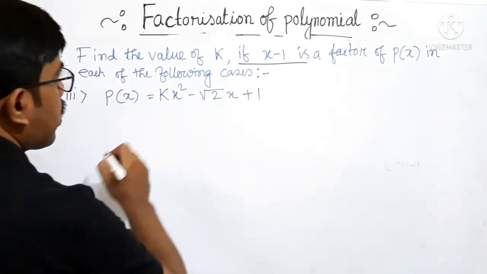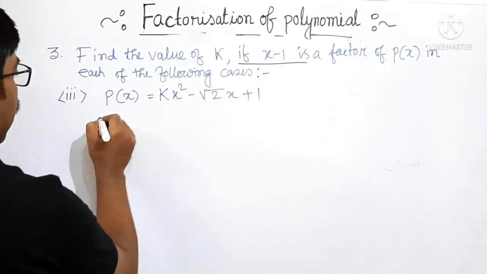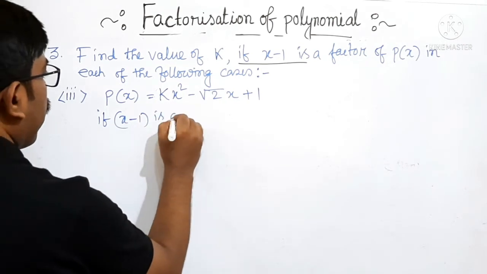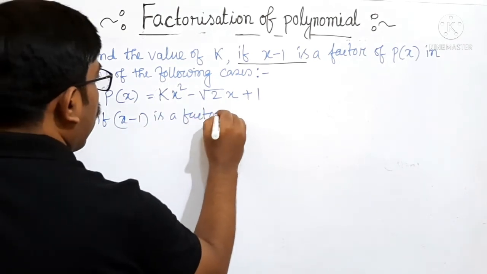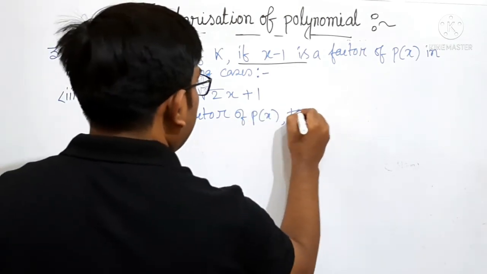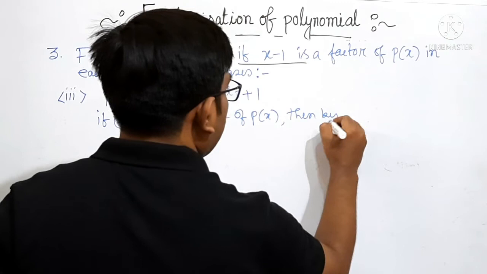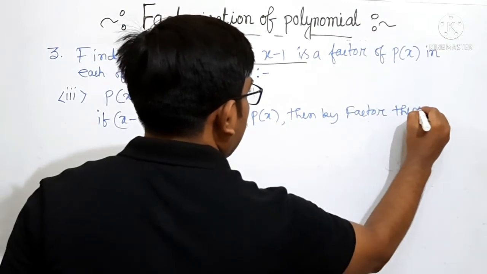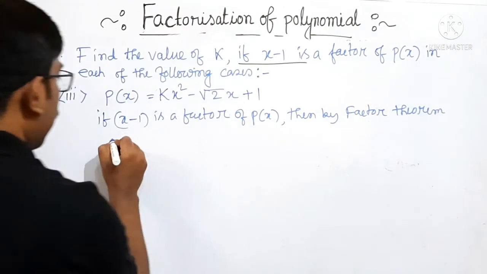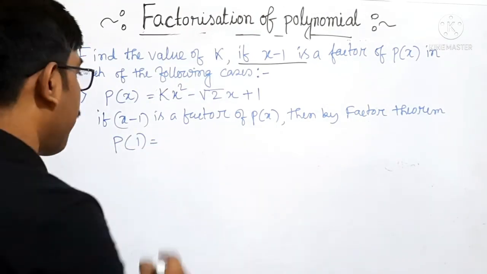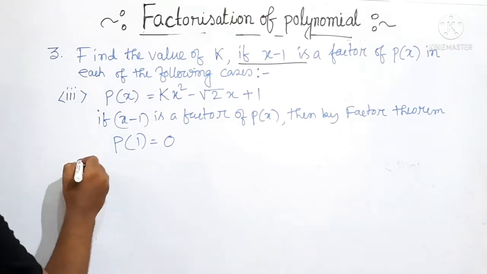Here also x minus a is a factor of P(x). So if x minus a is a factor of P(x), then by factor theorem P of 1 is equal to 0.